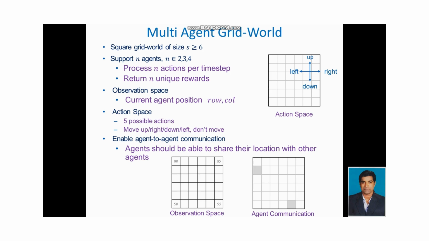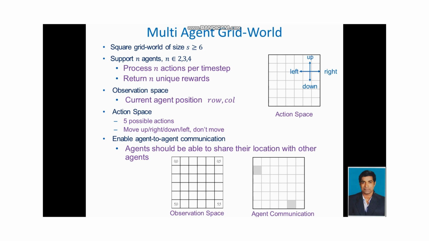Observation space: the current agent position, row comma column, that we can depict in the picture. Action space: 5 possible actions: move up, right, down, left, don't move.